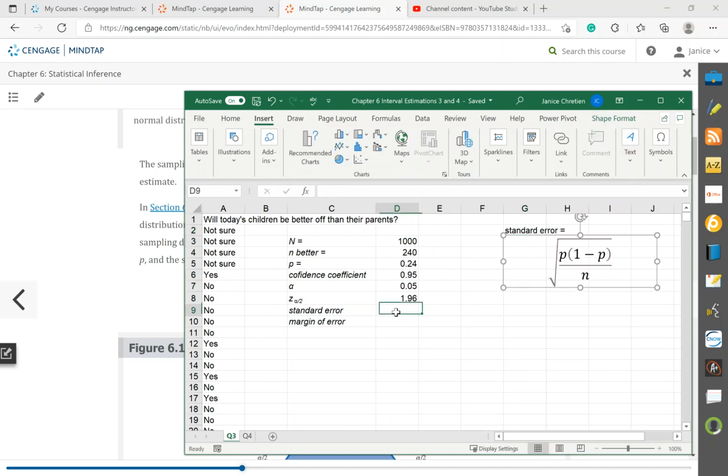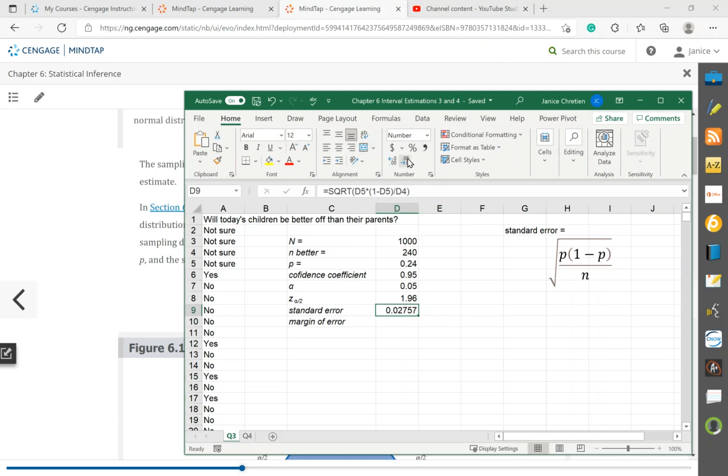Okay, so we're going to plug this in. My standard error equals the square root of my p times 1 minus my p, divided by my n. And I believe I'm supposed to go 4 digits on this, so let me get there.